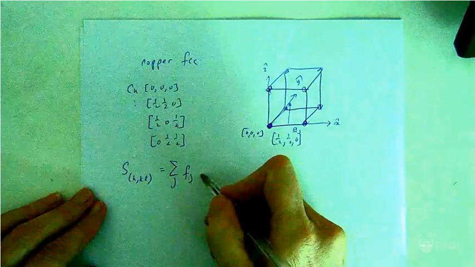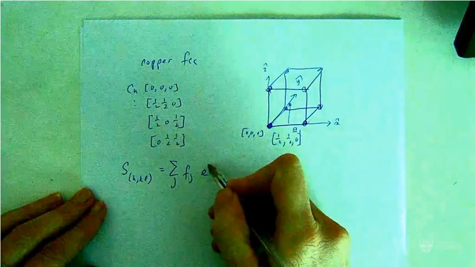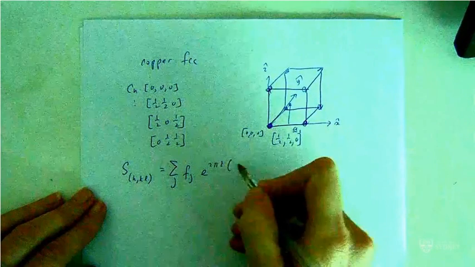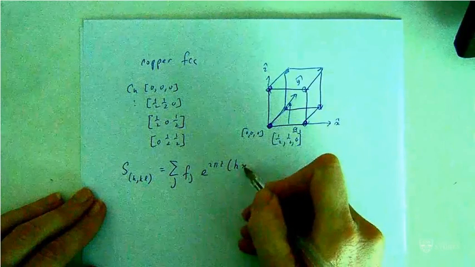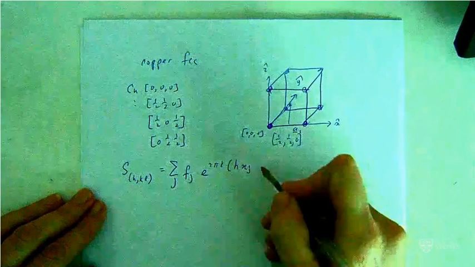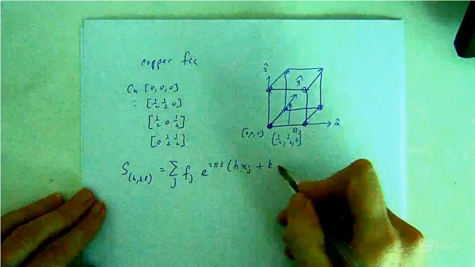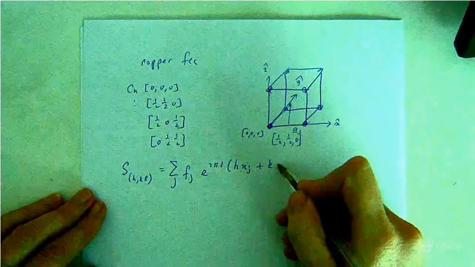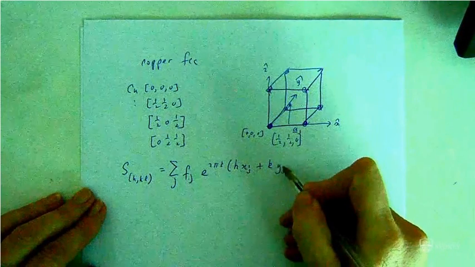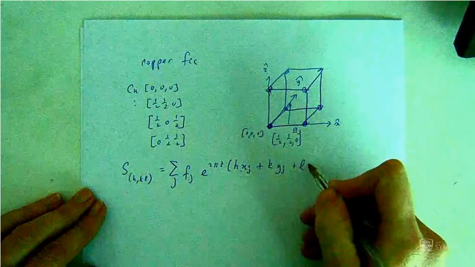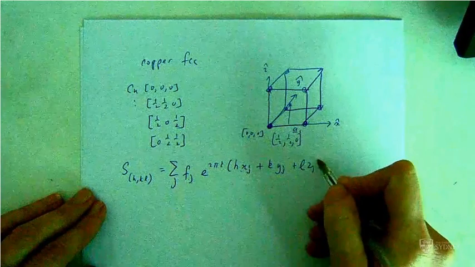Then we have e to the 2 pi i, H times X of atom J plus K, these are your Miller indices, times Y of atom J, plus L times Z of atom J. So that's the structure factor.